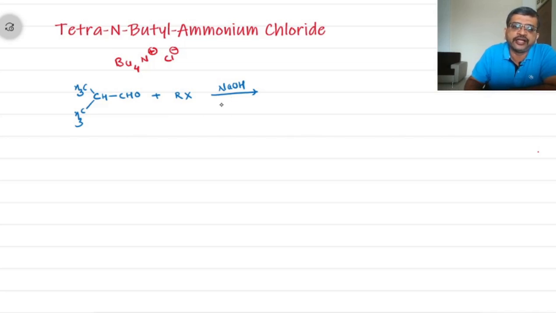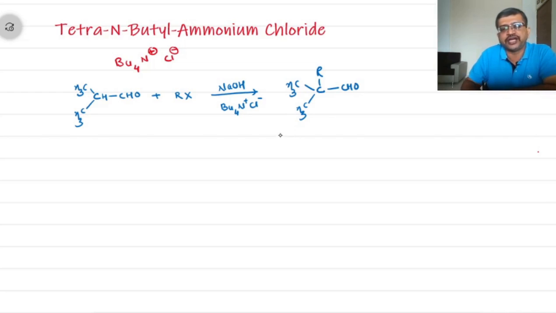But when we add tetra-N-butyl ammonium chloride, it brings the OH minus ion into the organic medium, facilitating the reaction. So we obtain the tri-substituted aldehyde. Alkylations can be easily done using tetra-N-butyl ammonium chloride.